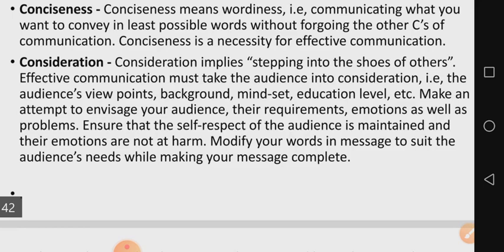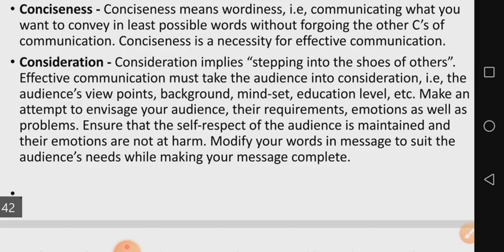So you should consider the audience, their viewpoints, requirements, emotions, as well as problems. Ensure that the self-respect of the audience is maintained and their emotions are not harmed. Modify your words in the message to suit the audience's needs while making your message complete.